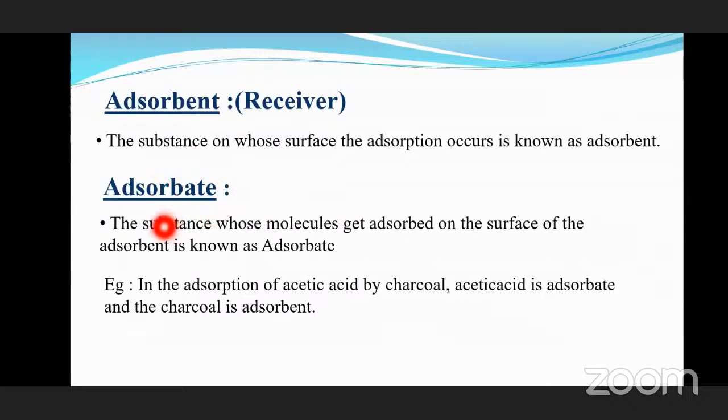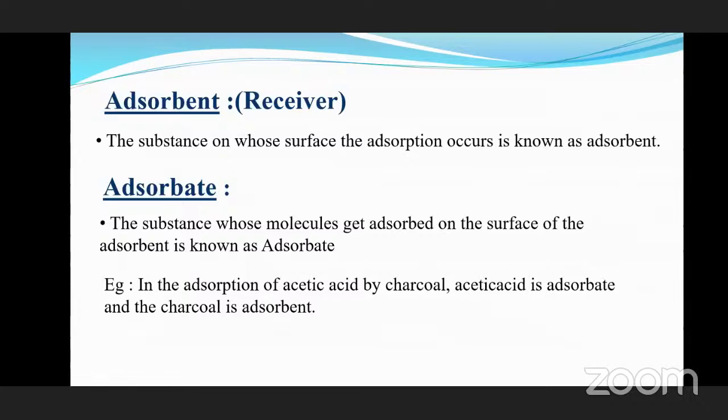The substance whose molecules get adsorbed on the surface of the adsorbent is known as adsorbate.